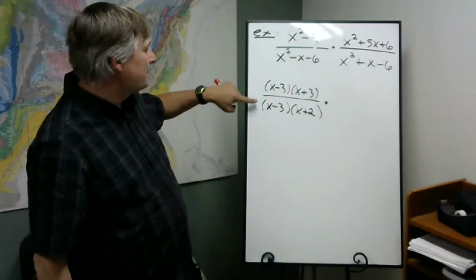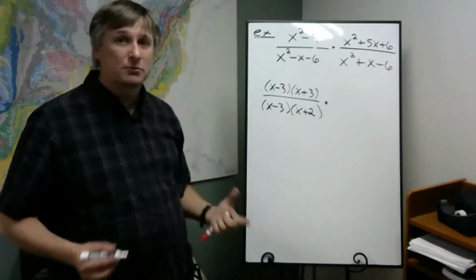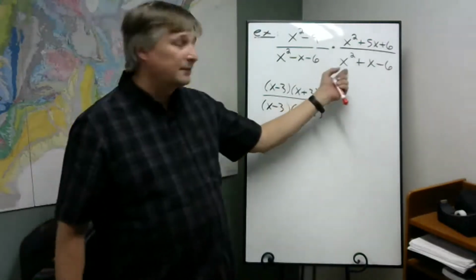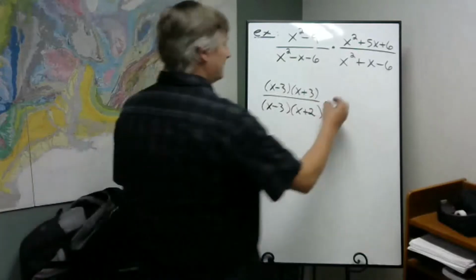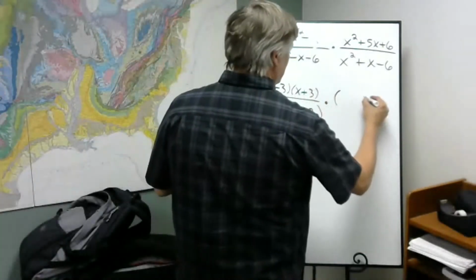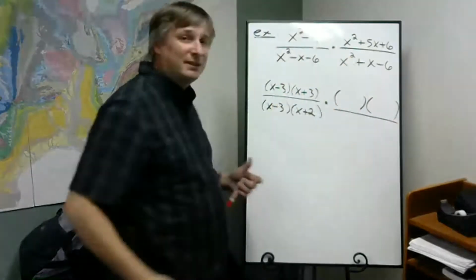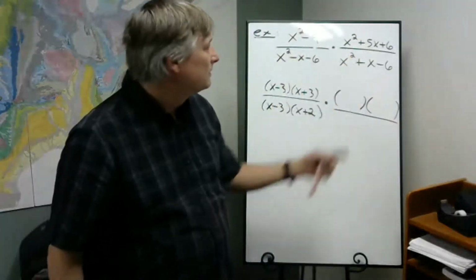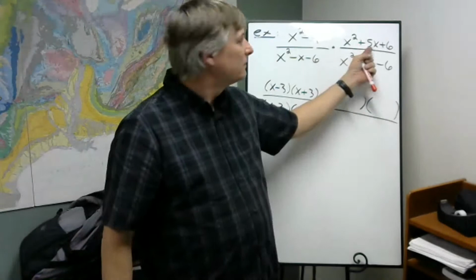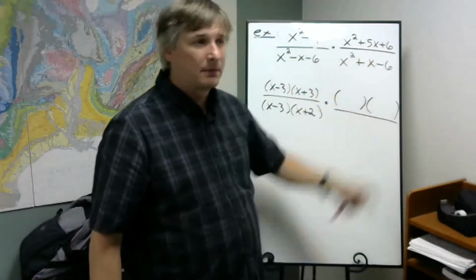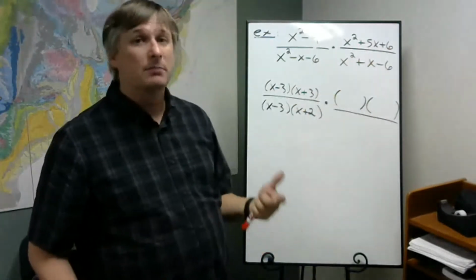So we factored the top and bottom of the first rational function. Take a look at this one. So again, we're going to be using the guess and check method. Two numbers that add up to 5, but multiply to 6. Well, that'll be +2 and +3.